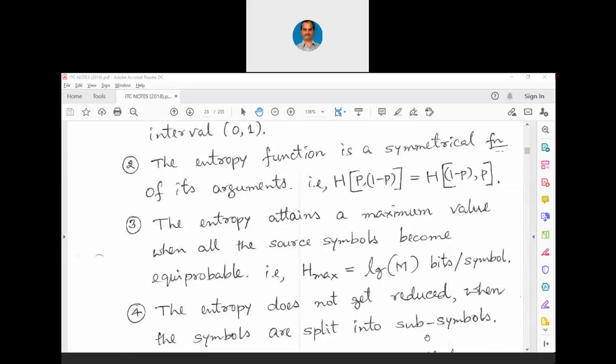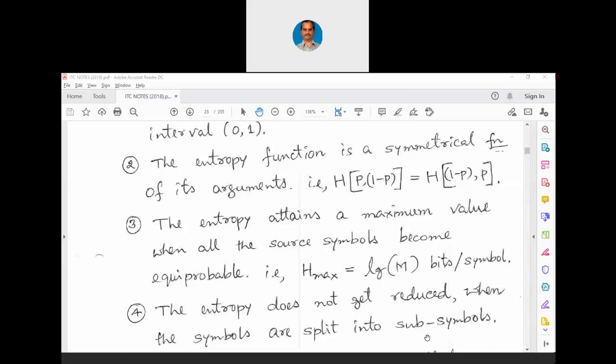This we have seen already. I of M1 and M2 is nothing but I of M1 plus I of M2. So, even if M1 and M2 are split into sub-symbols, let us say M11, M12 and M21, M22, even then the entropy does not get reduced, because I of M1 is nothing but I of M11 plus I of M12.